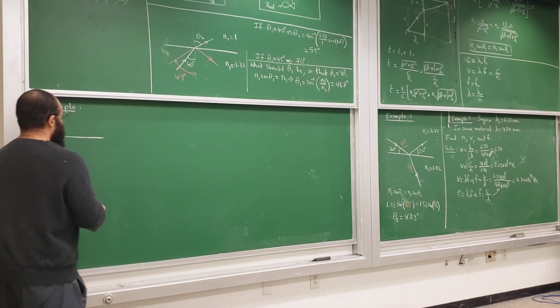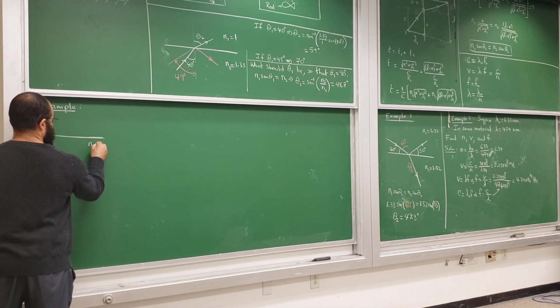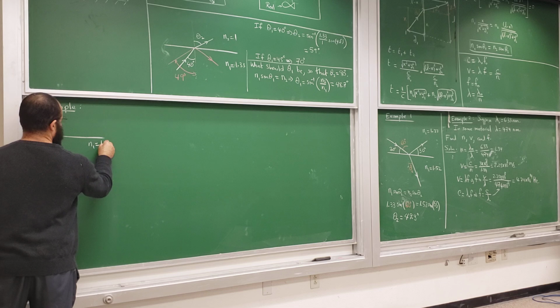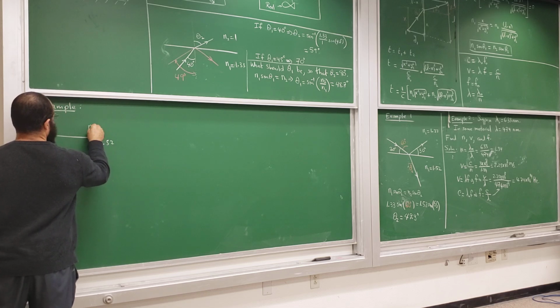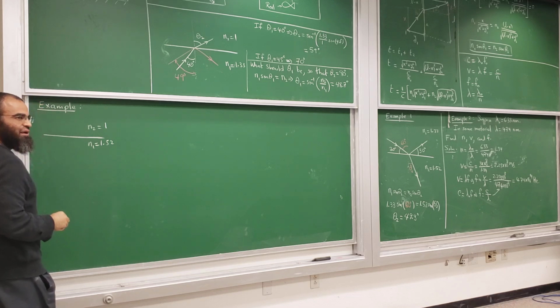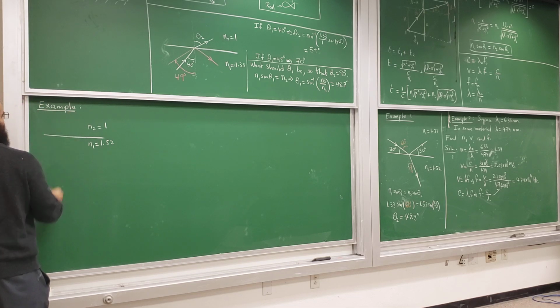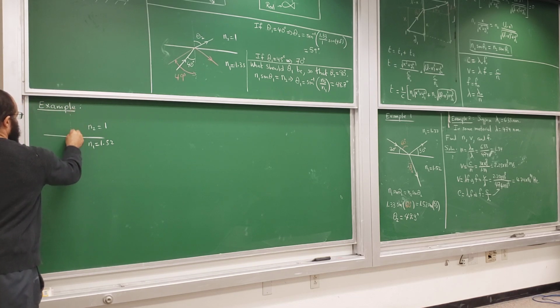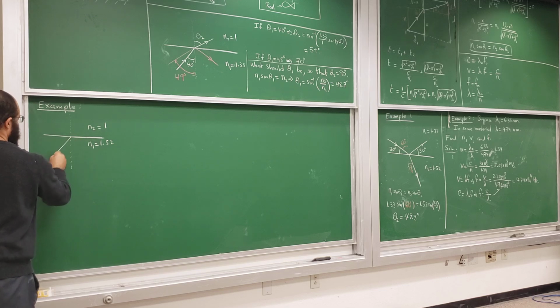So let's say N1 is glass, 1.52, okay? And N2 is air, and that's approximately 1, right? Let's say I have light that starts here.